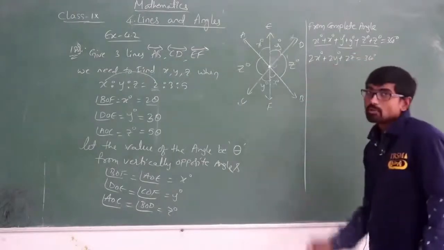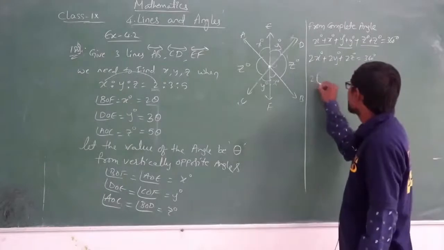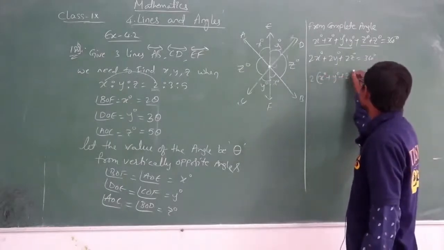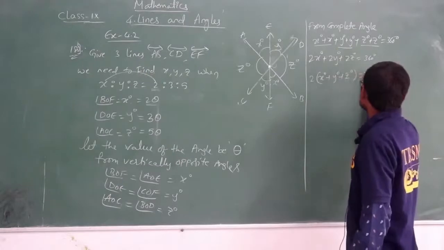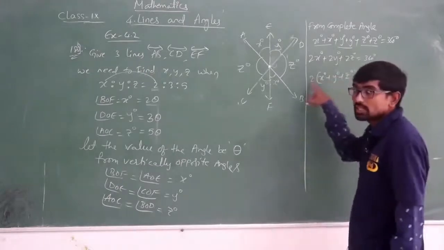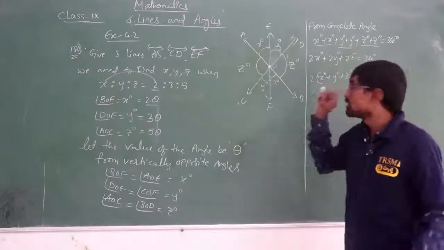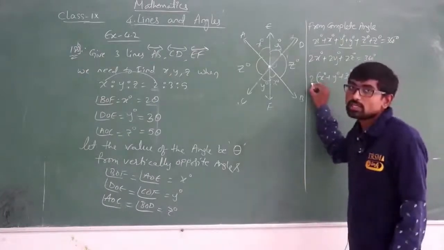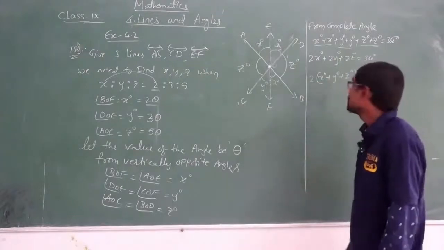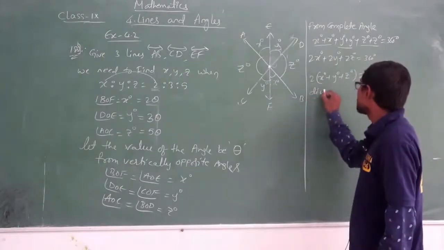If I take 2 common from all of these, 2 times x plus y plus z is equal to 360. Here 2 is multiplying the whole terms, so it will divide on the other side. The multiplicative inverse of 2 is 1 by 2, so dividing by 2 on both sides.